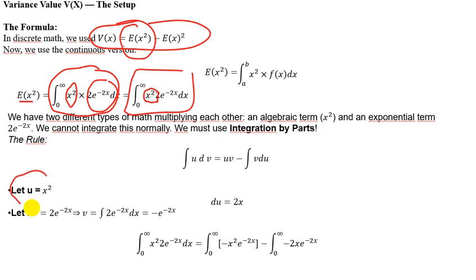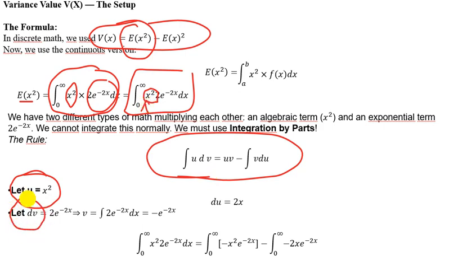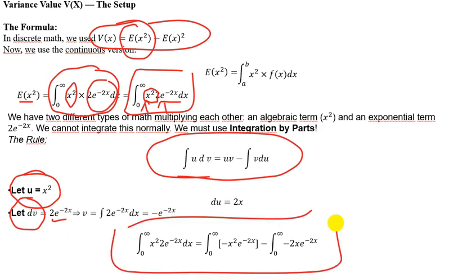So with the same formula for integration by parts, let our u be x squared, this one, and let the derivative of v be the second function, which is 2e^(-2x). So in the end we get this formula. This is what we want to find. It equals u times v.